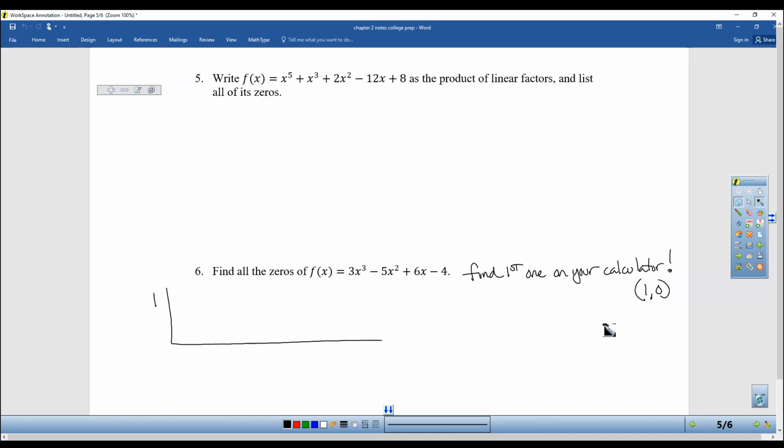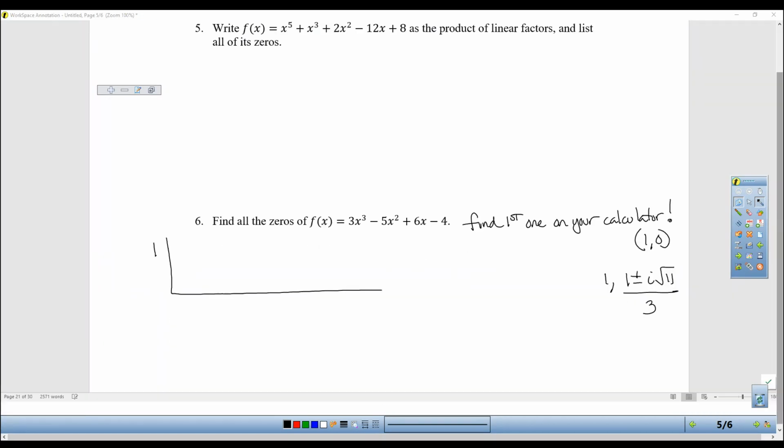Actually, I'll just tell you all the answers in case you decide to work it out on your own and see if you can get these now. But I will obviously go through it because you do have to show your work. So 3, negative 5, 6, and negative 4. Add, multiply, add, multiply, add, multiply, add.